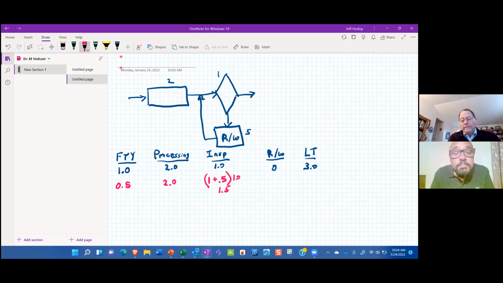Now the rework, we rework half of them, but it takes 5 hours to do it. So on average, to get a unit through rework, it takes us 2.5 hours.